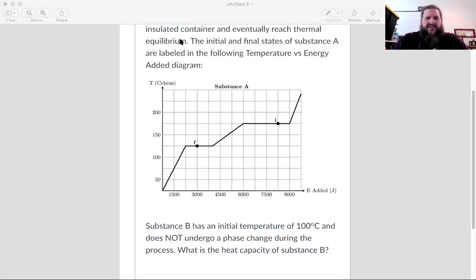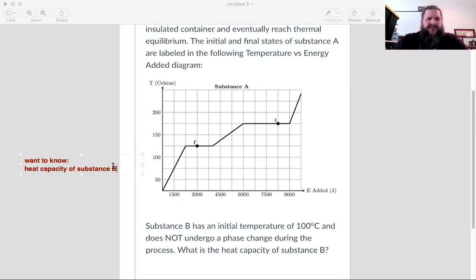So again, let's go back to the definition of heat capacity. In fact, in general, if you're not sure where to start, it's often a good idea to just look through the problem, figure out what's actually being asked. In this case, we want to know the heat capacity of B. And it's often helpful to just try writing out either the definition of that thing you're trying to find or some other equations that that quantity appears in.